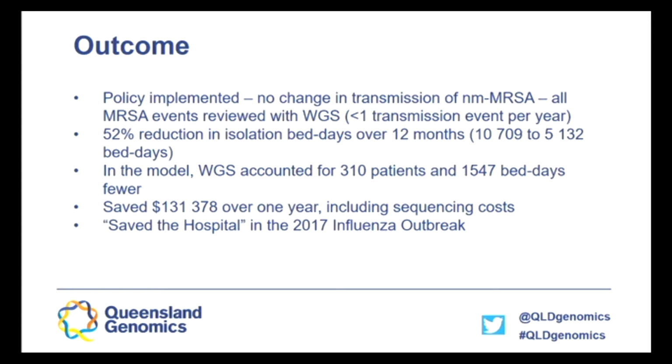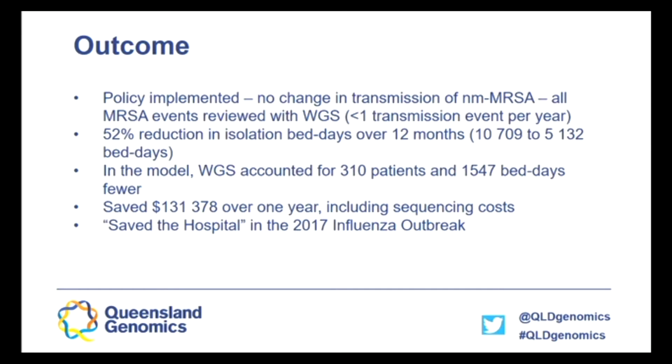The policy was implemented. We looked at non-multi-resistant MRSA transmission in a lead-up for about 6 months, I think, and showed that there'd been one transmission event in the lead-up, so we were already doing pretty well, and there'd been 10 squadzillion patients with non-multi-resistant MRSA. We've been monitoring it since then by using whole genome sequencing, so the QGHA kindly sequence all of our non-multi-resistant MRSAs, and every month we're very pleased to get reports back saying there's been no evidence of transmission, so no new cases arriving in the hospital that are matched.